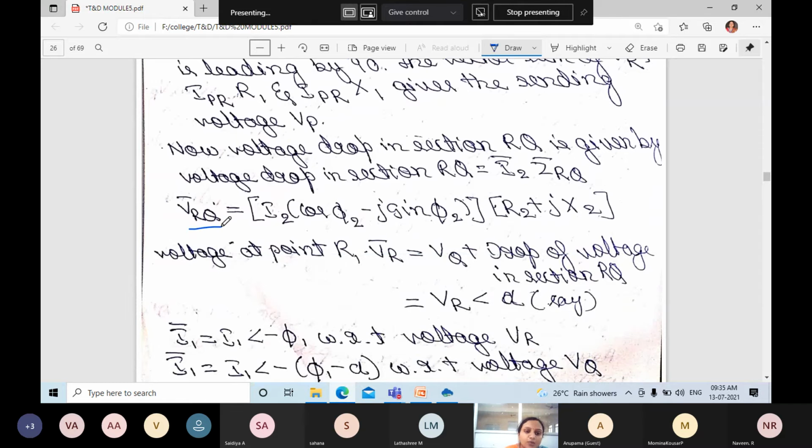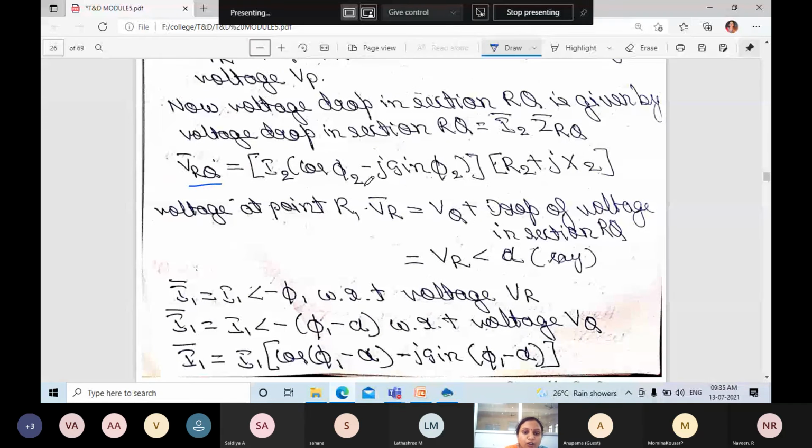VRQ is equal to I2 (cos phi 2 minus j sin phi 2) into (R2 plus jX2), that is I2 into ZRQ.